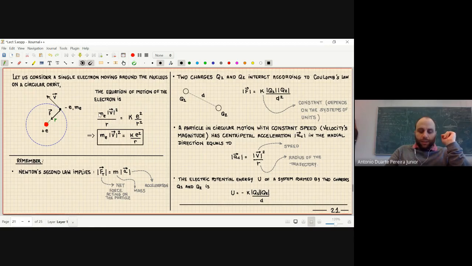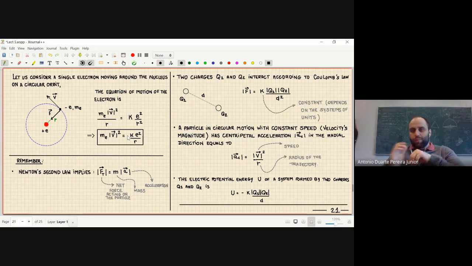So this is just a direct application of Newton's law: force equals mass times acceleration. Well, there is an r here and an r squared here. I can simplify and write that me times the absolute value of the velocity squared is equal to k e squared divided by r. So I arrived at this relation just by applying Newton's second law.